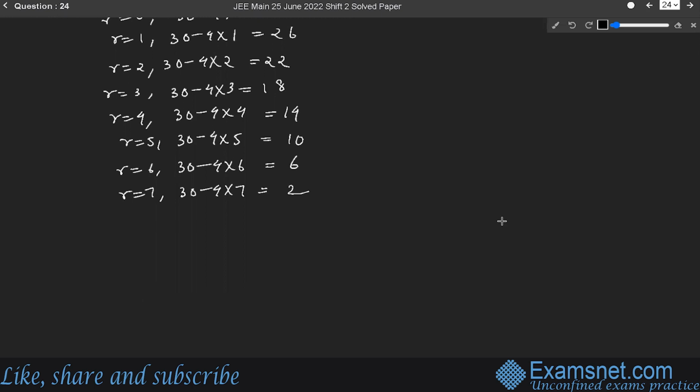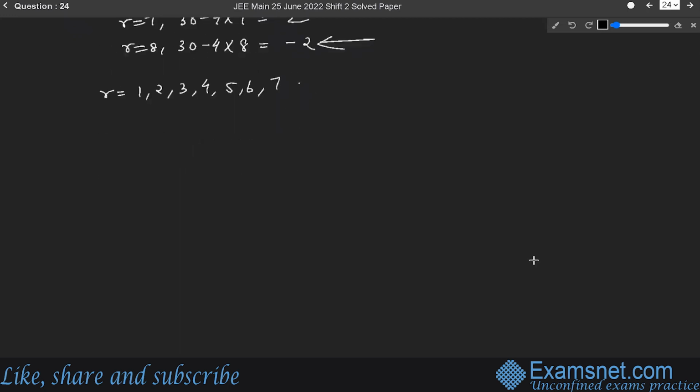Again, it is even and positive. For r is equal to 8, 30 minus 4 into 8 will be equals to minus 2. You can see that minus 2 is even, but it is not positive. So we can say that r will be equals to 0, 1, 2, 3, 4, 5, 6, and 7. For these values of r, we can get positive even powers of x.